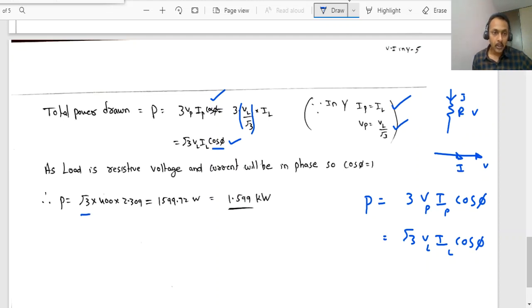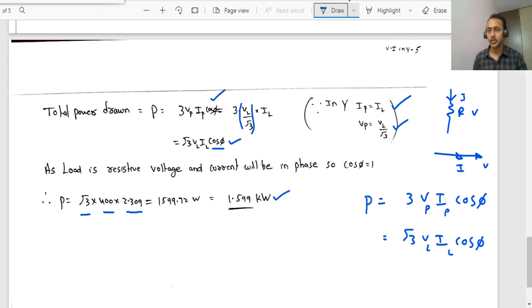Therefore root 3 into VL, already given 400 volts, into IL, line current is same as phase current, we have calculated 2.309. It is equal to 1599.72 watt. It is also same as 1.599 kilowatt.